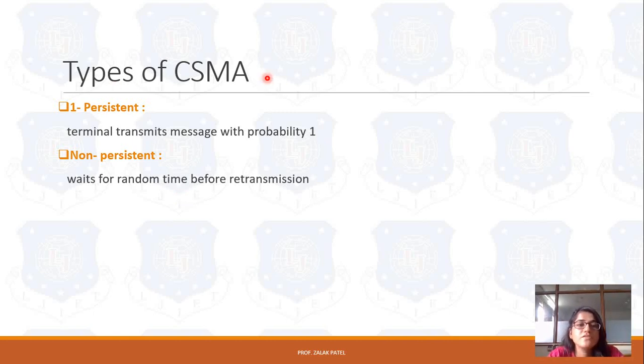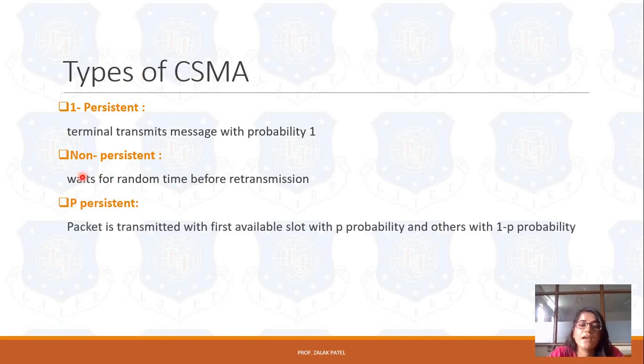This type of CSMA is called non-persistent CSMA. The third one is P-persistent CSMA. In that case, the first available packet is transmitted with probability P, and the others are transmitted with probability 1 minus P. So this is called P-persistent CSMA.